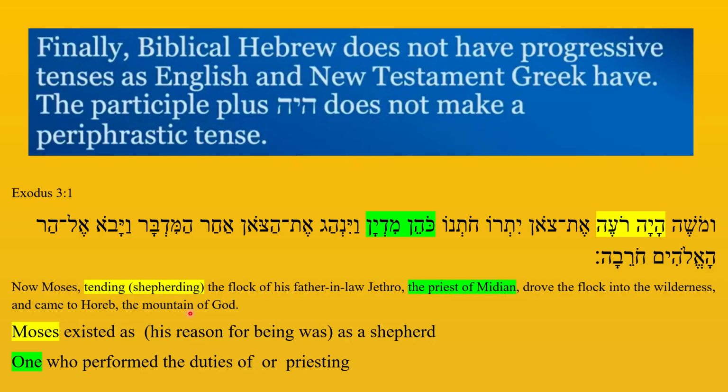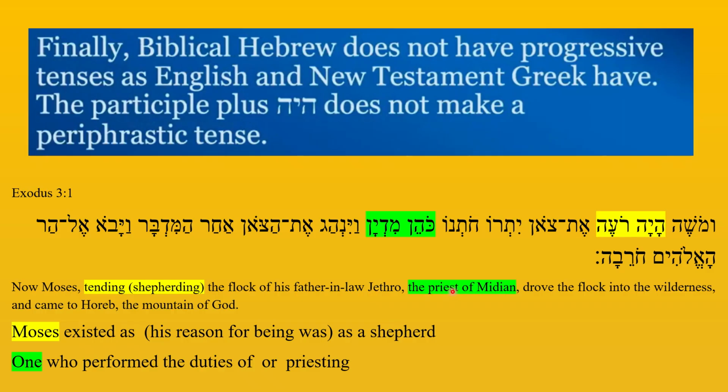And then we'll get to another section here as well, but one who performed the duties of priesting. It says the priest of Midian. So Kohen Midian. Kohen, we translate as priest, right? That's a noun, priest.